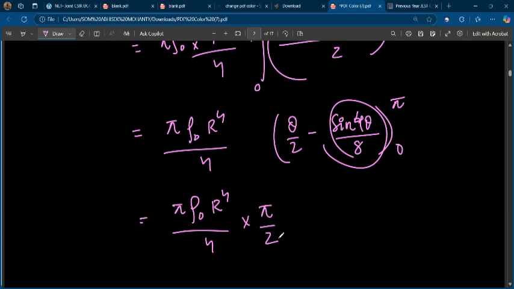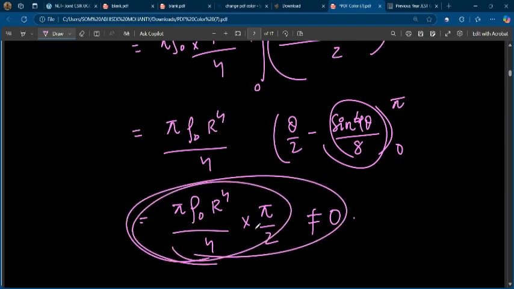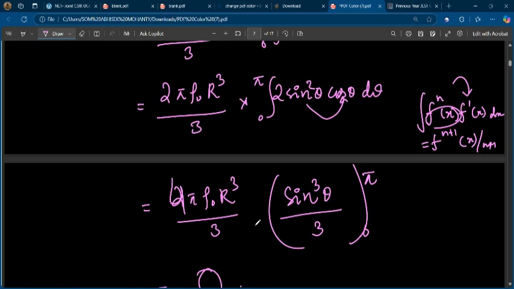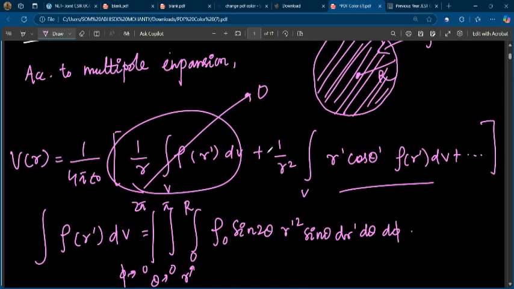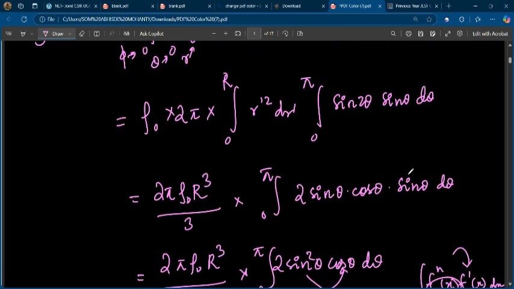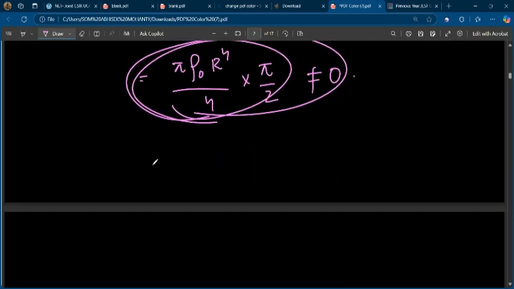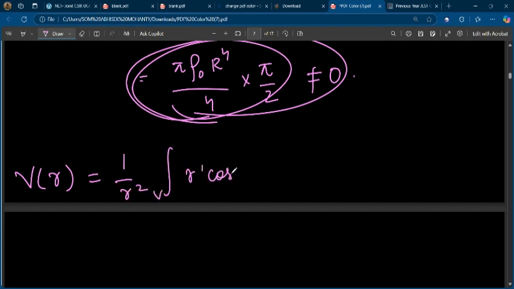This is not 0, right? So this term doesn't become 0 and it is a constant quantity. So if we put it here, V(r) becomes, if you see, 1 by r square, integration r dash cos theta dash rho r dash d theta, something like that.